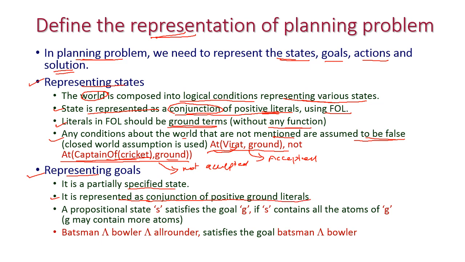Again we have to use only the conjunction of positive ground literals, and a propositional state S satisfies the goal G if S contains all the terms of G. Here this is the propositional state S and this is the goal state G. Here in S we have batsman, bowler and all-rounder, which also satisfies batsman and bowler.